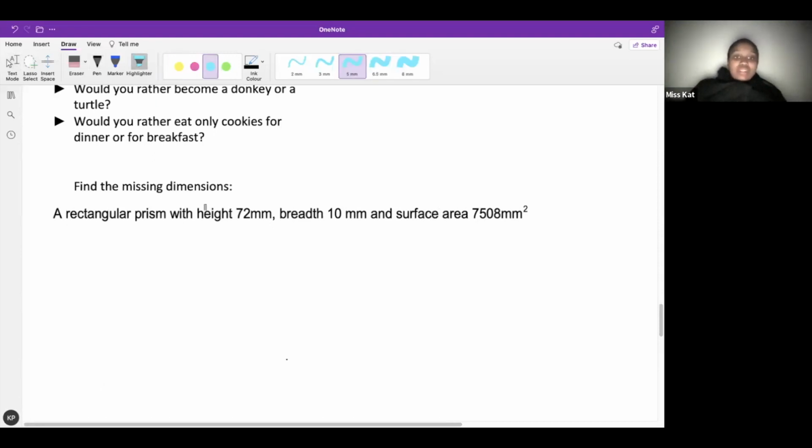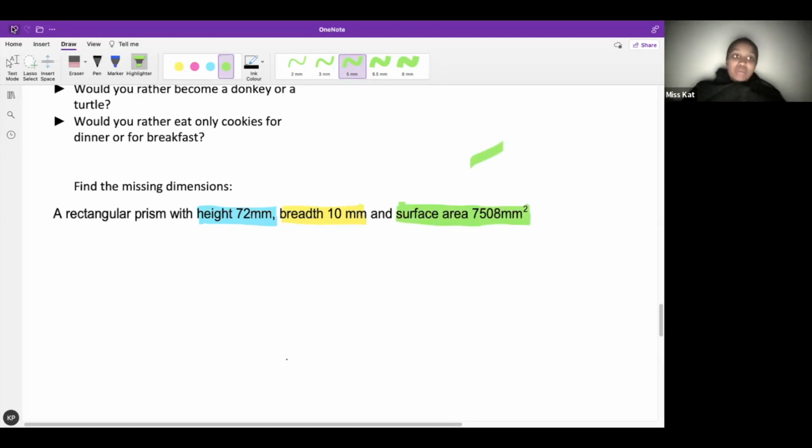So let's see what we have, guys. We have height. We have breadth. And we have surface area. So what's missing? Length. Thank you. Does anyone have any idea how we're going to find the length?